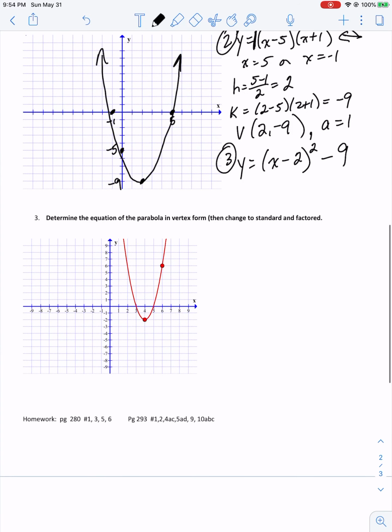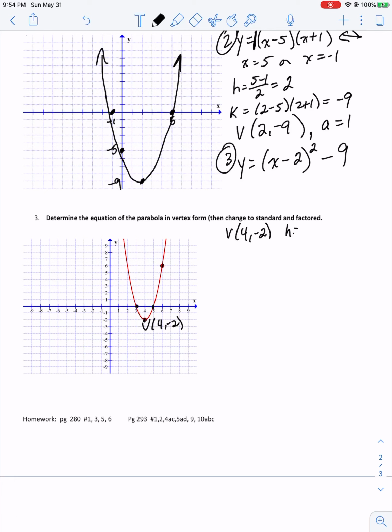All right, and the last question here, it looks like we know what the x-intercepts are. We also know what the vertex is, and we know a point on the line. You have lots of choices here, but since this is all about vertex form, I know that the vertex is sitting at 4, -2. So the vertex is at 4, -2.